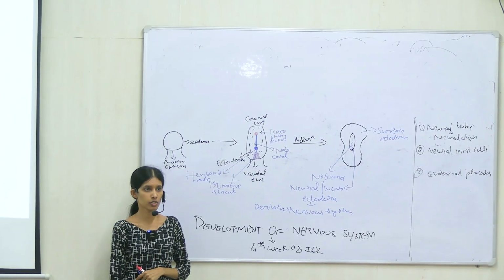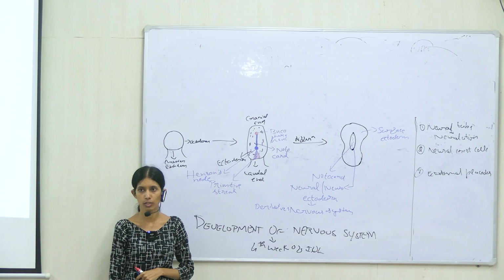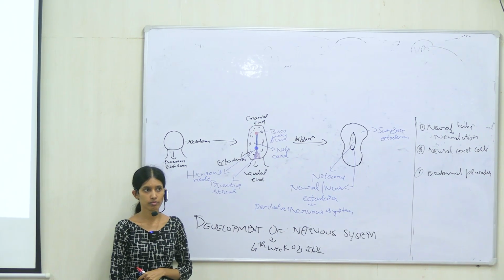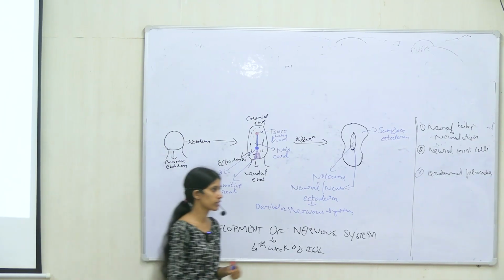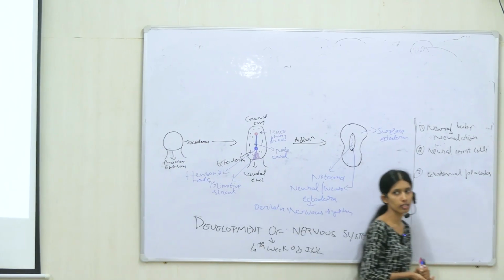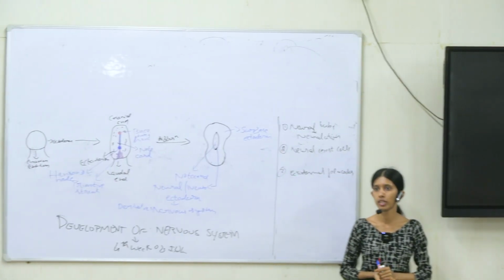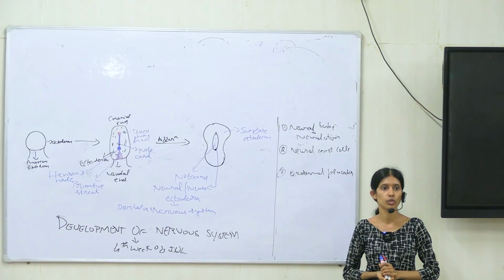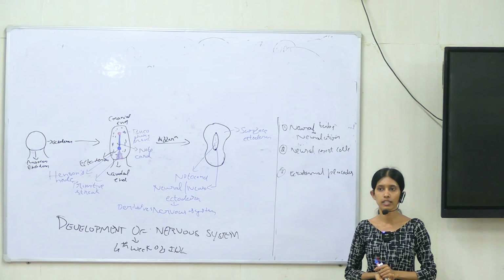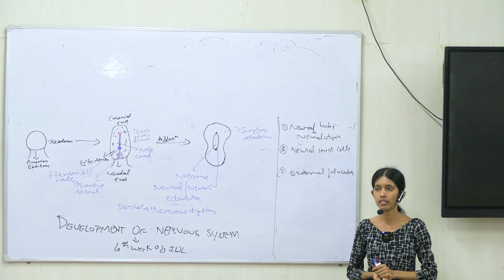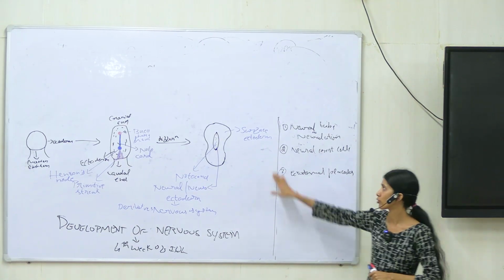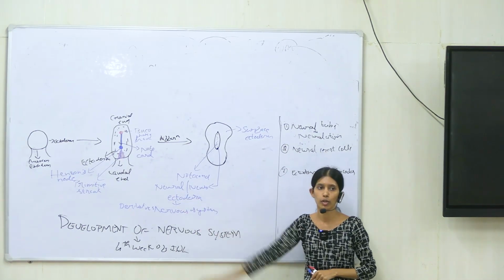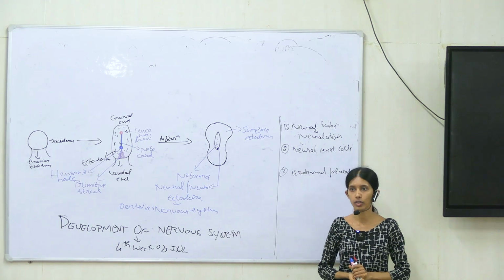All the organs or structures that you see from your proctodeum to stomodeum are developed from your surface ectoderm part, that is from your mouth to anus part. Other than that, the epidermis, your hair and your nails are going to develop from your surface ectoderm, and the nervous system is going to develop from your neural ectoderm part.